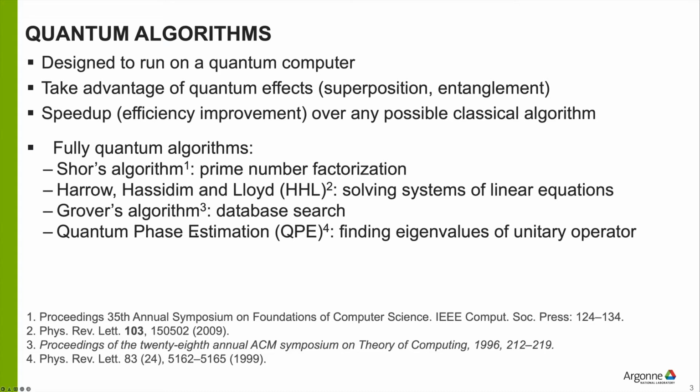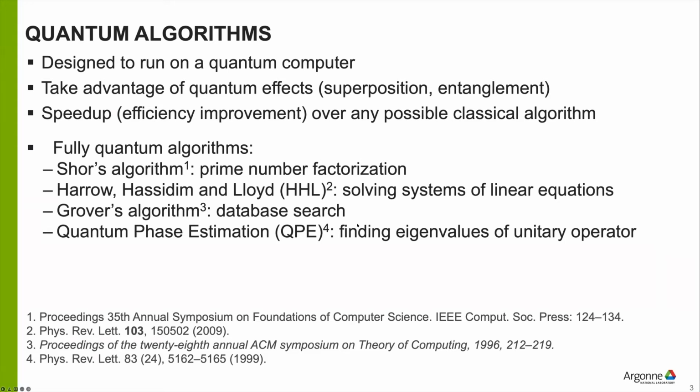Another example is the HHL algorithm for solving linear systems of equations, and Grover's algorithm for database search. More relevant to the talk today is quantum phase estimation, which finds eigenvalues of unitary operators.